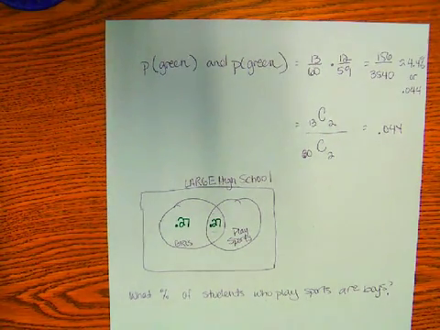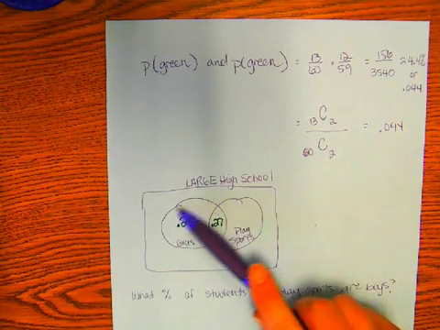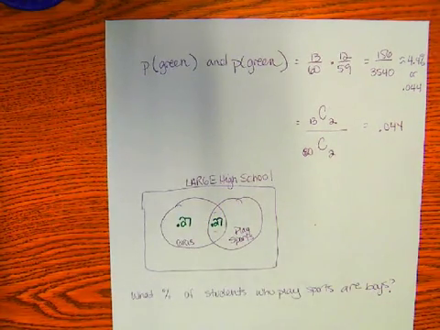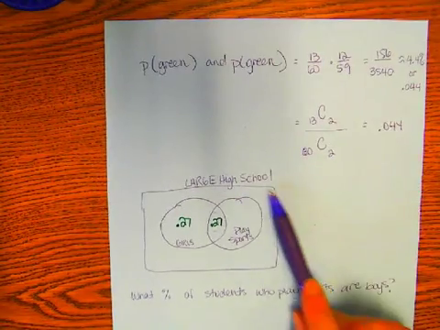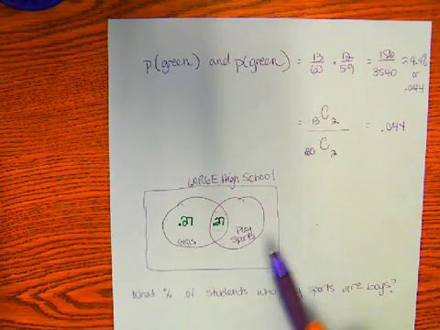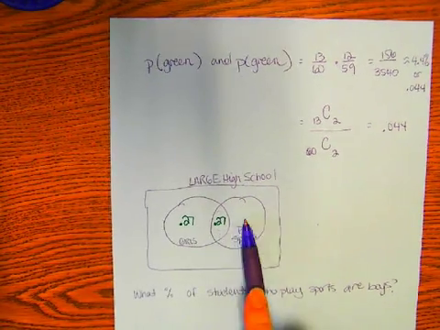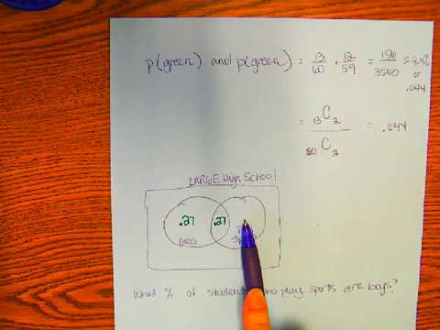So if we're looking at page 724, all it gave me was that 54% of the students are girls. 62% of the students play sports. This whole circle is all the students that play sports. In the middle is what? The girls who play sports. Well then, what is implied about this? That other part of the circle would have to be the boys who play sports, right?